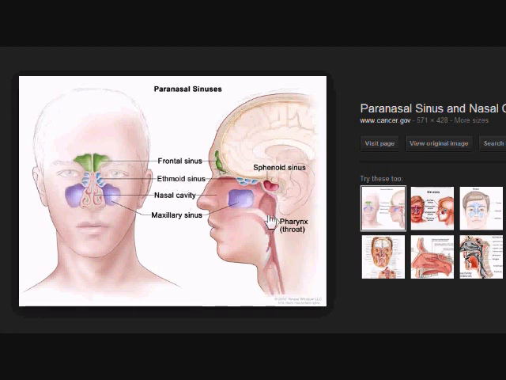So again, this just gives you a really general, good view of where the sinuses are located, and that's all you will ever have to know about the location. For any image that's given to you, you can always just tell by looking at it. If you look at it from the side, you can see that this will be on the top, this is furthest back, and this is somewhere in the middle. If you're looking at the image from this view, then again, frontal sinus at the very top, ethmoid here, and it will be a little bit harder for you to see.